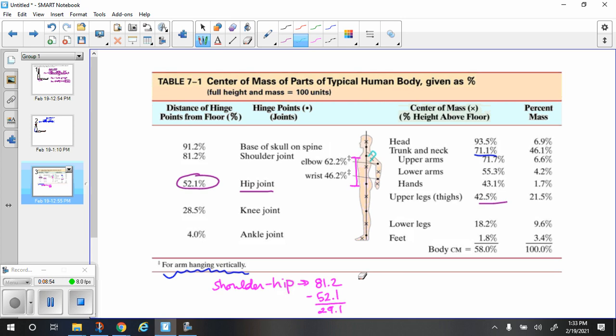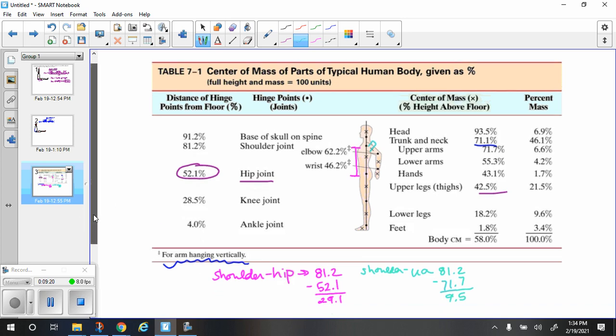So let's do shoulder minus, I'm going to put UA for upper arm, and so that gives me 81.2 minus the upper arm, which is 71.7, and that gives me 9.5.